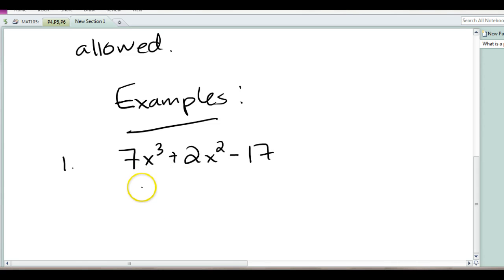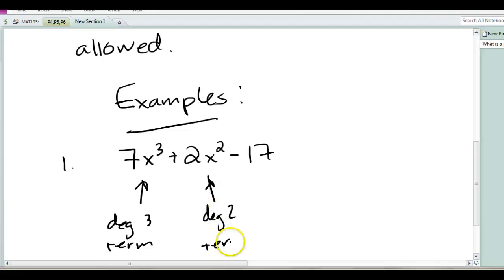The degree of the term just means the power of the variable. So for instance, this would be the degree 3 term. This would be the degree 2 term. And notice there's no x term, which would be the degree 1 term. If it's a regular number without an x, we call this the degree 0 term, or the constant term.